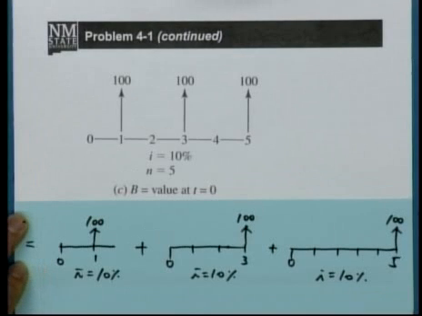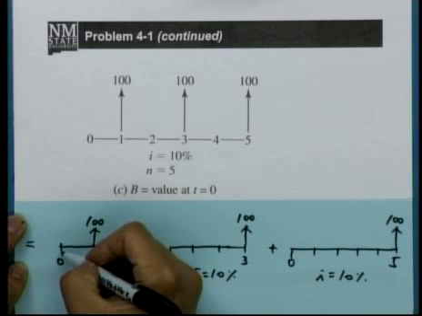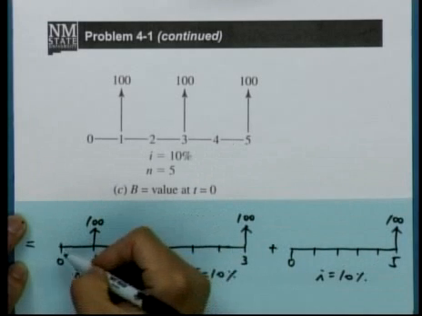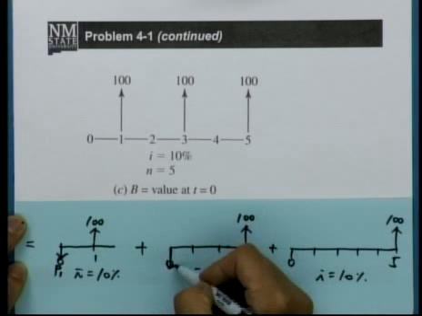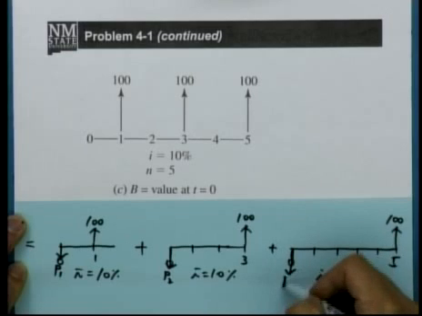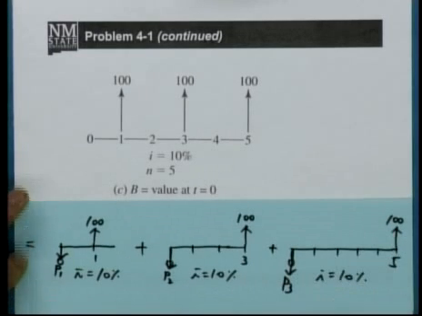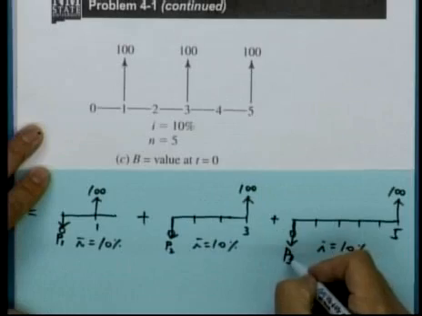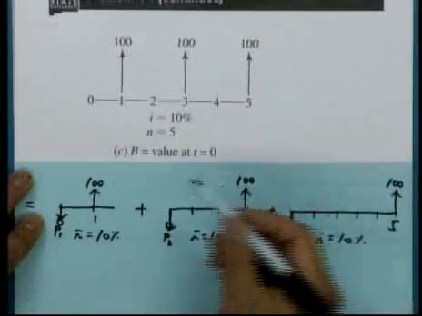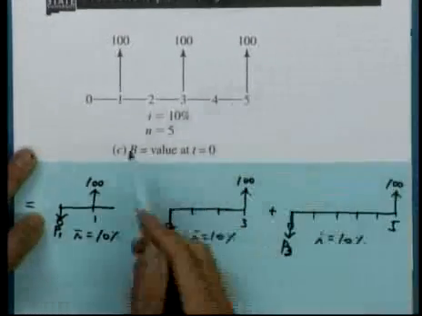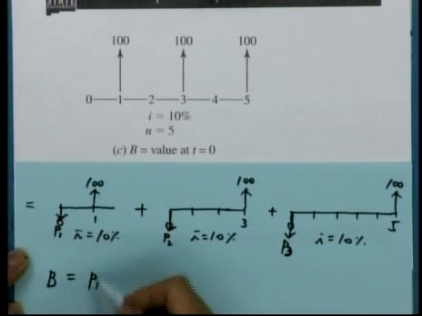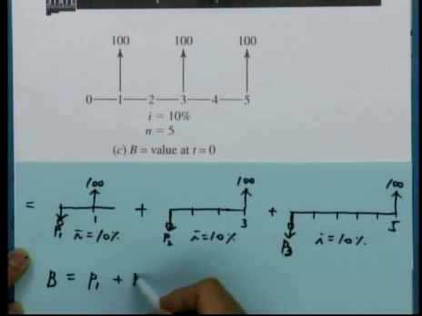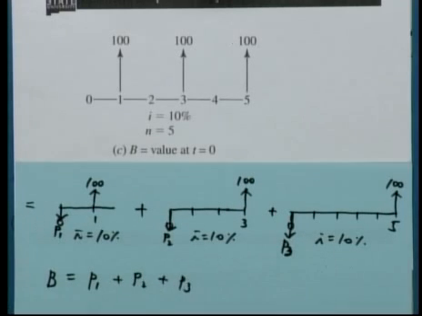Let's say this is P1, P2, and P3. Then the original present sum V would be the summation of P1, P2, and P3, right?